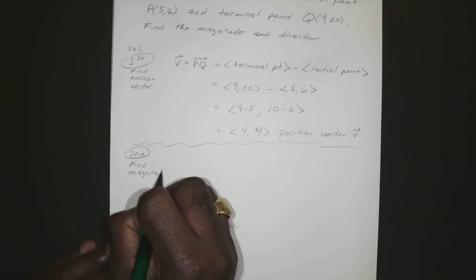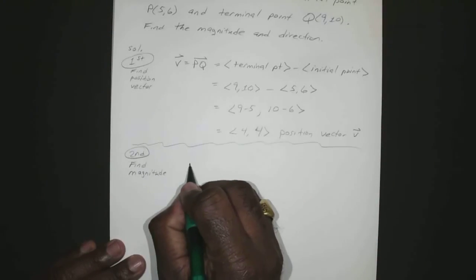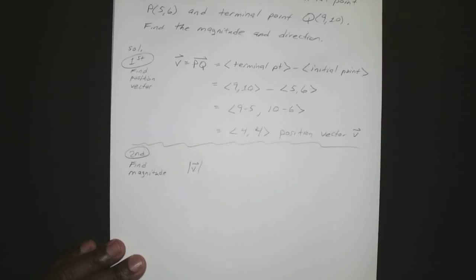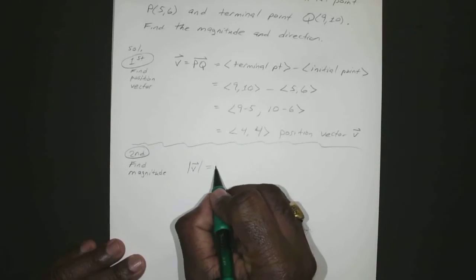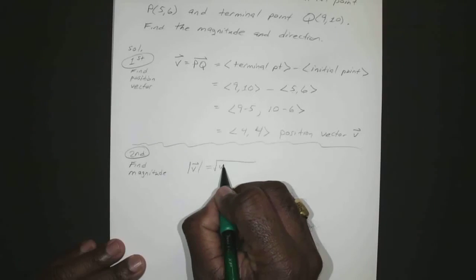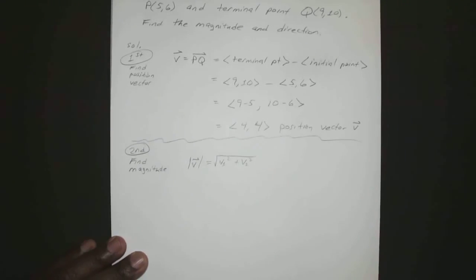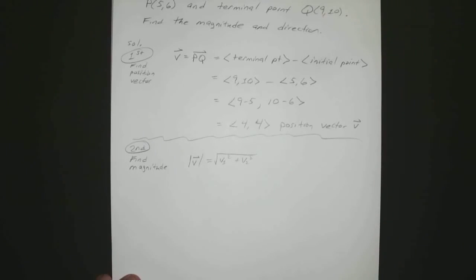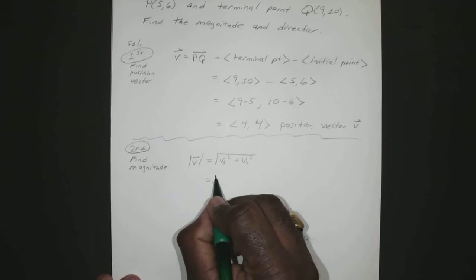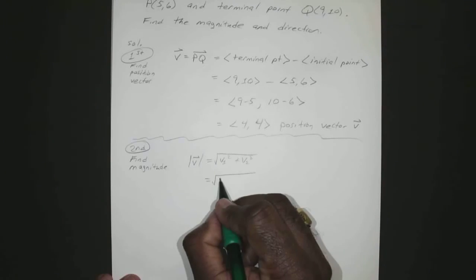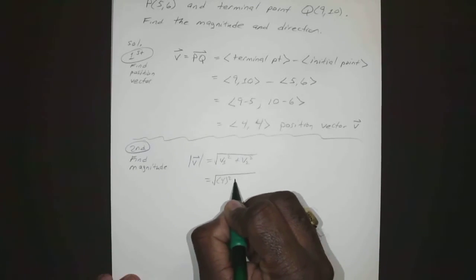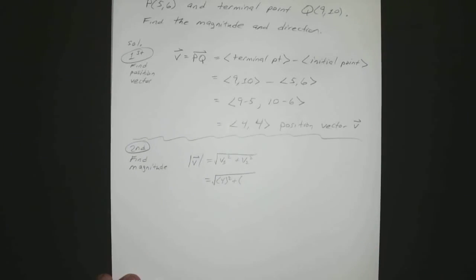Okay, so our magnitude of v. Remember that's the square root of your first component squared plus your second component squared. So that's just going to equal the square root of 4 squared plus your second component, which is also 4.